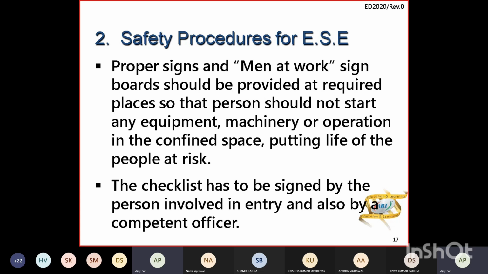Proper signs and men at work signs should be provided at the required places so that no one should start any equipment, machinery, or operation in the confined space, which will put the life of people there at risk. The checklist has to be signed by the persons involved in entry and also by the competent officer.